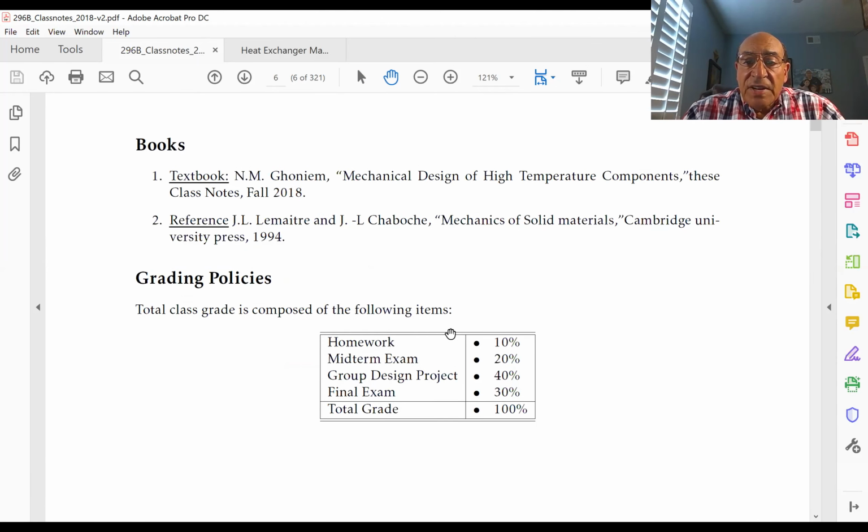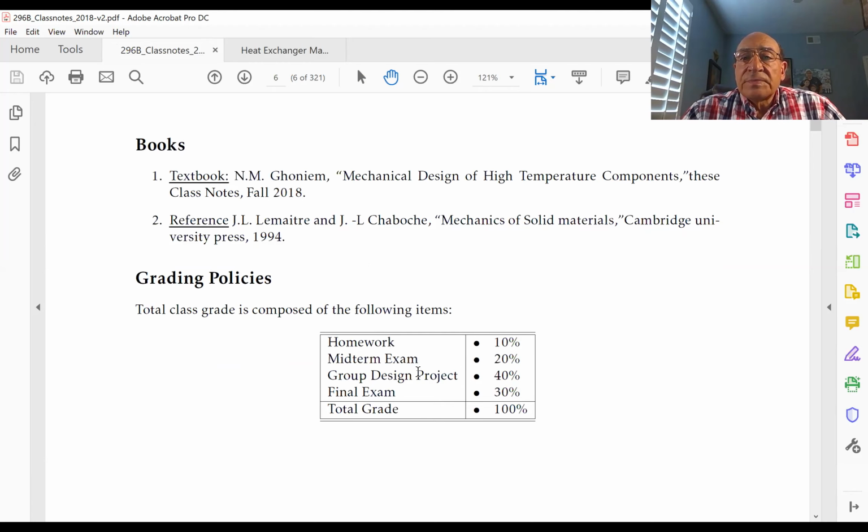Now I talk about grading, so let me switch to the grading idea. The grading is that I have homework assignments. We have 6 homework assignments that constitute 10% of the grade. This is also added to a midterm exam, and the midterm exam is 20% of the grade.